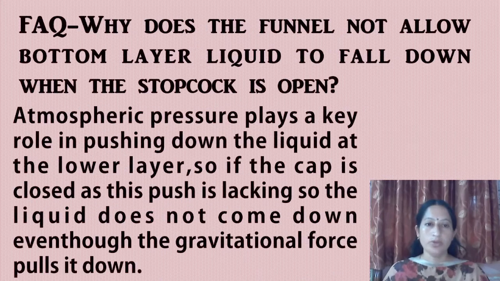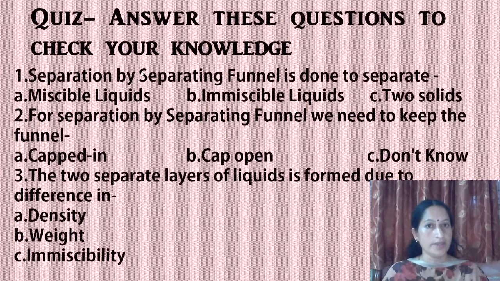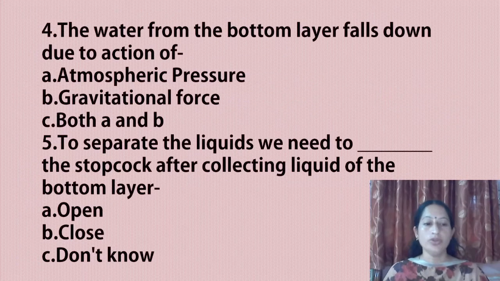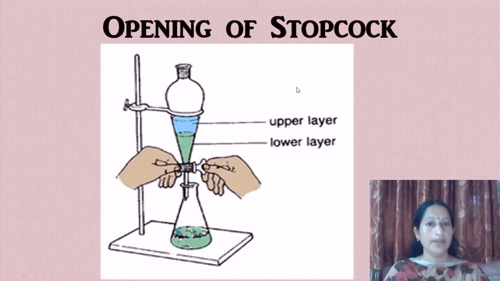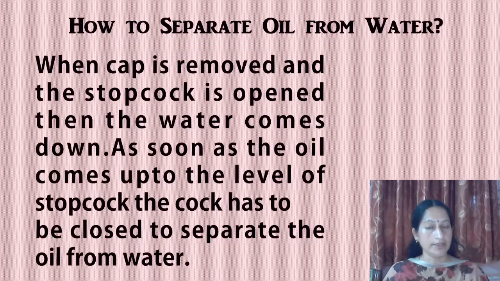So students, I hope all the quiz questions were clear to you and you have answered most of my questions. You have understood very clearly the precautions to be taken while using the separating funnel, and how the separation is done by the separating funnel.